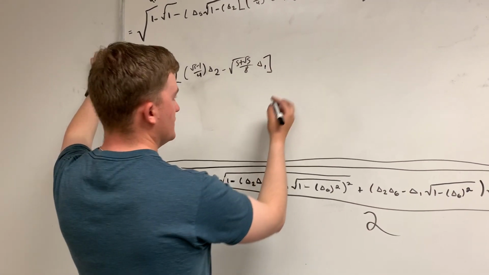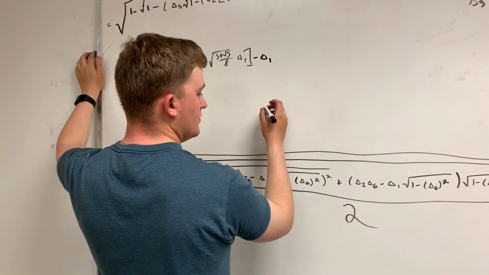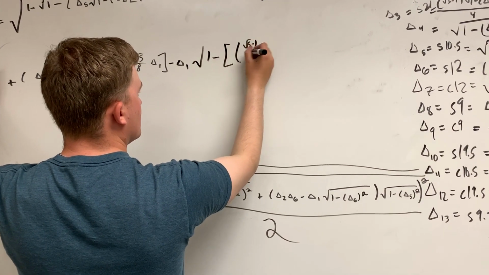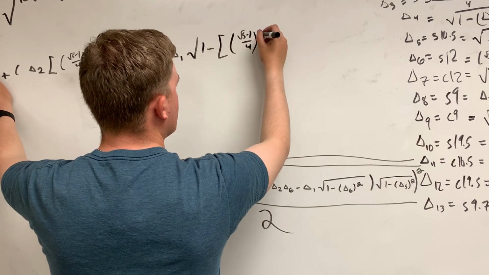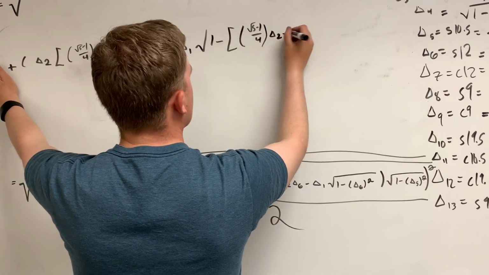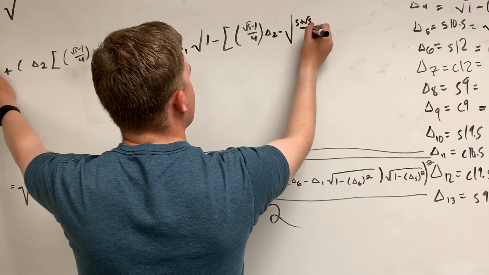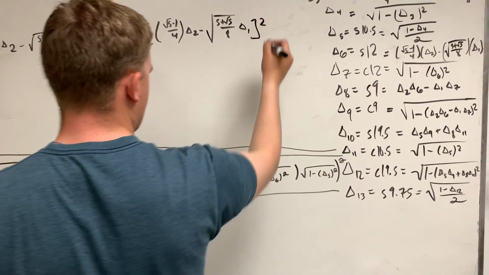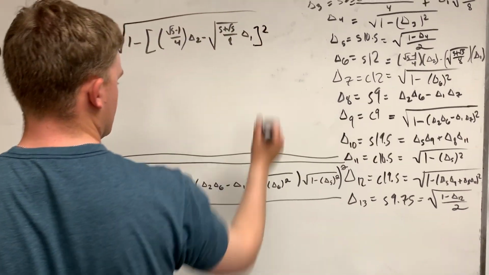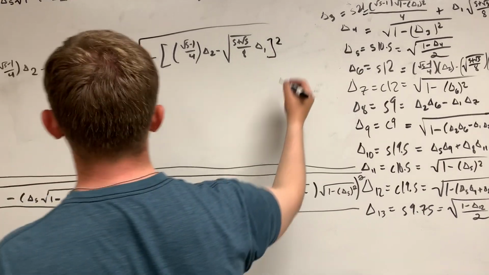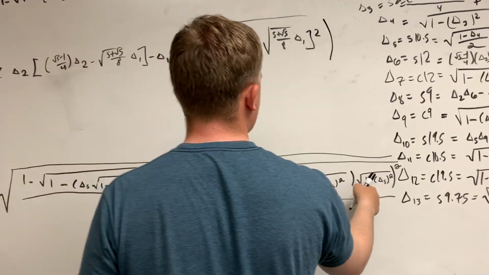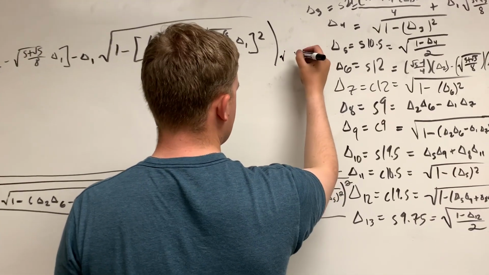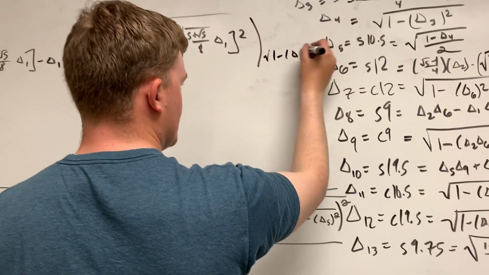Okay, and then minus 1 square root 1 minus 4 times delta 2 minus so many. Whoa. That's squared, and that's inside that, and then that stops there, and then I'm going to multiply it by that, squared.